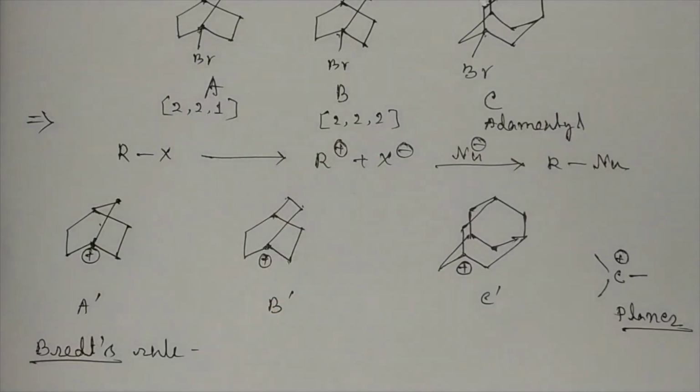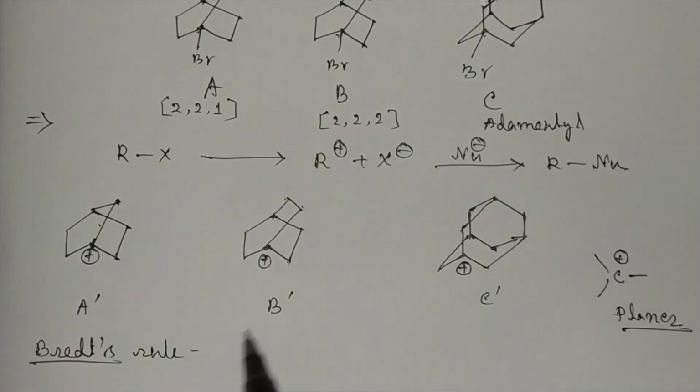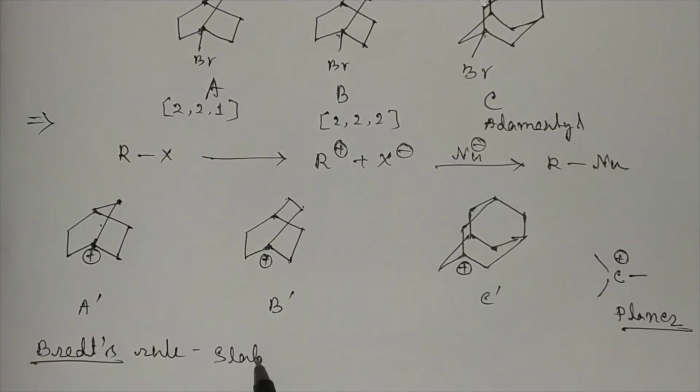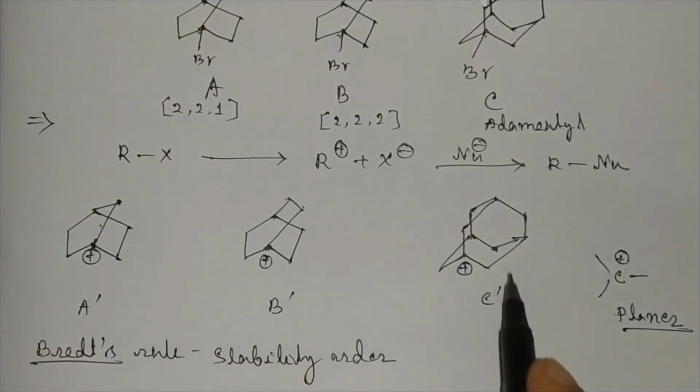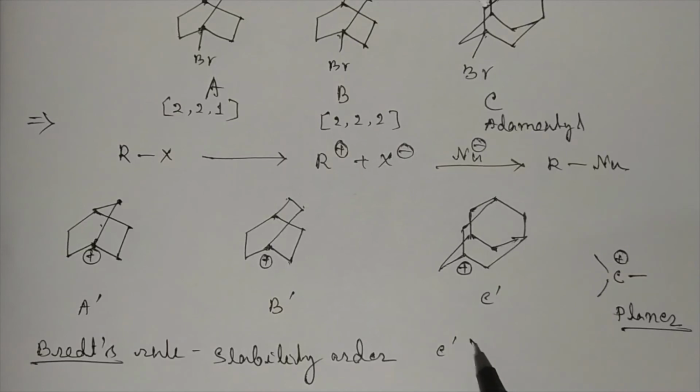So we can say that the stability order of these three carbocations is C prime greater than B prime greater than A prime.